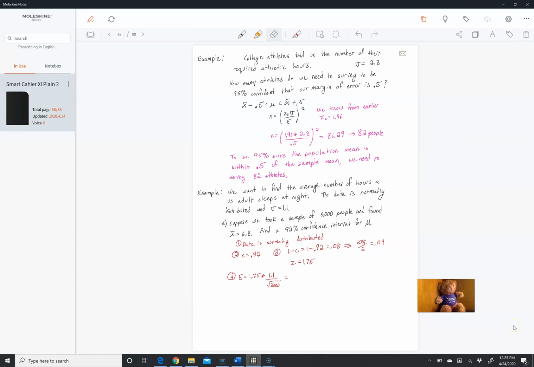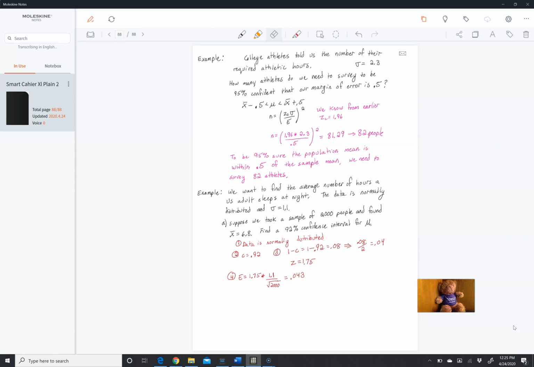So if we do 1.75 times 1.1, we get 0.043. Okay, when we do this calculation, we get 0.043.